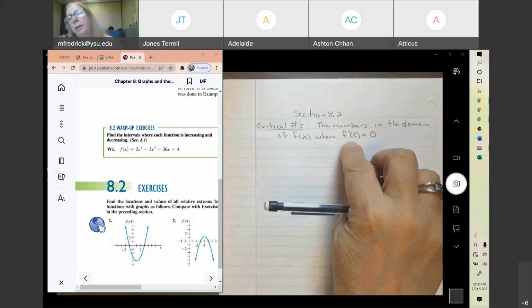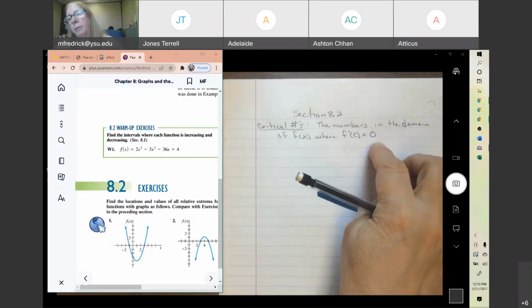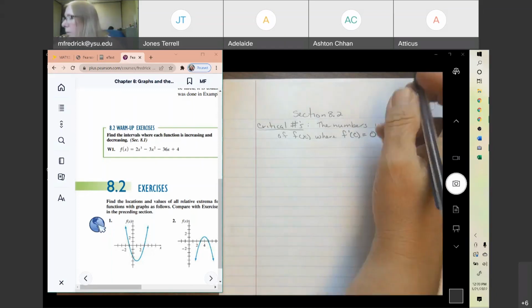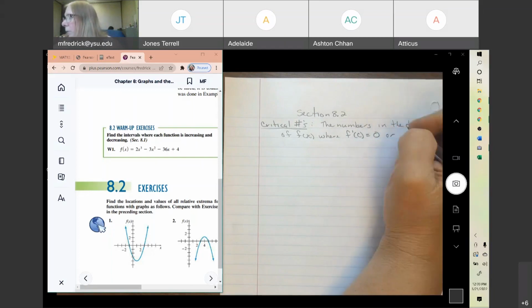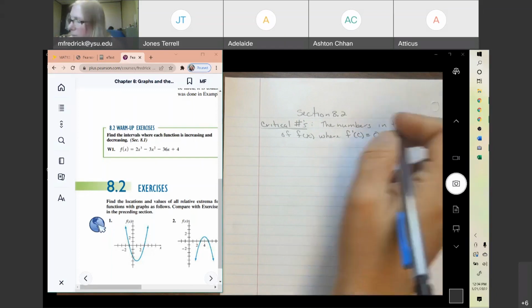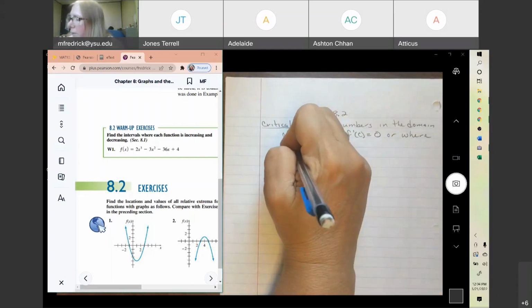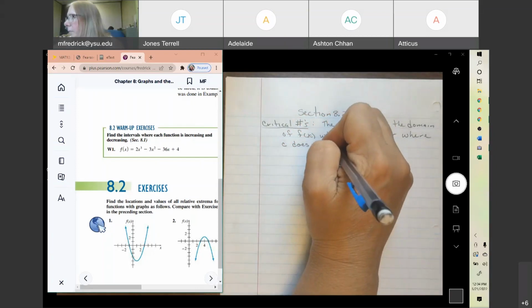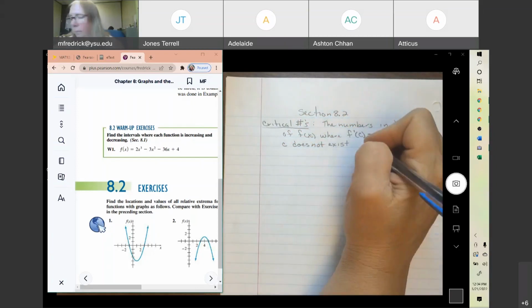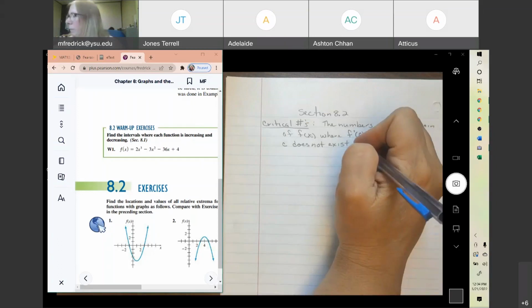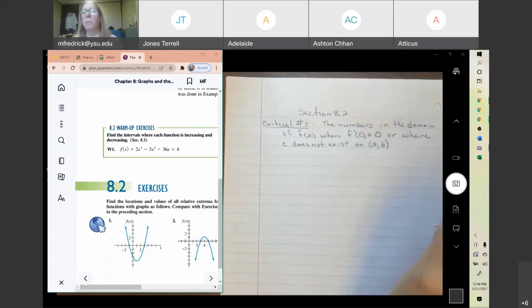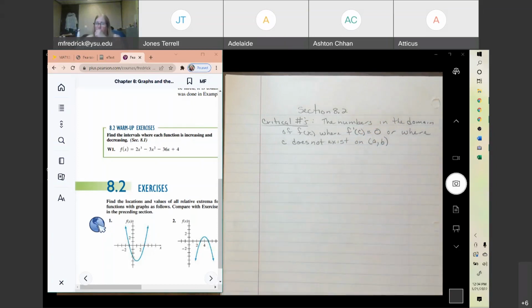So any value when you take the derivative and set it equal to 0 that you get, those are critical numbers. It's also critical numbers where the derivative does not exist, in the domain.